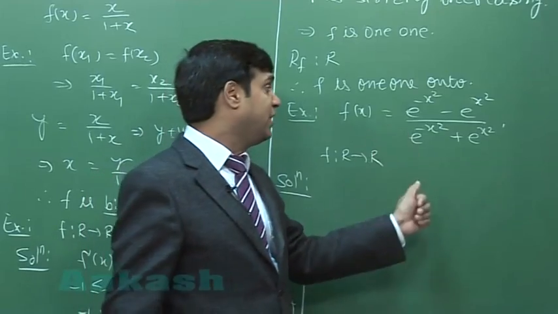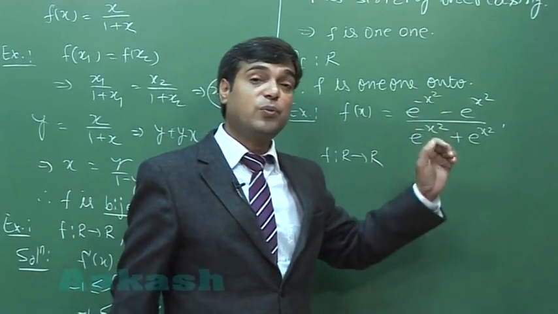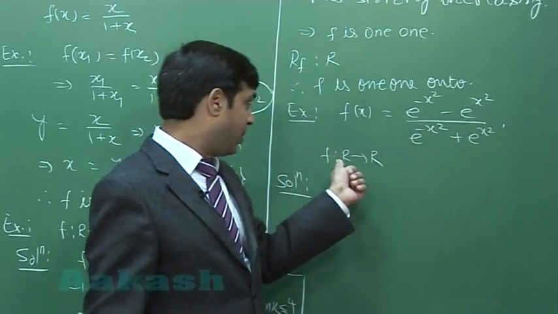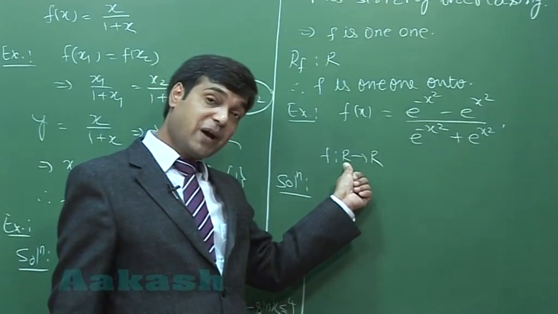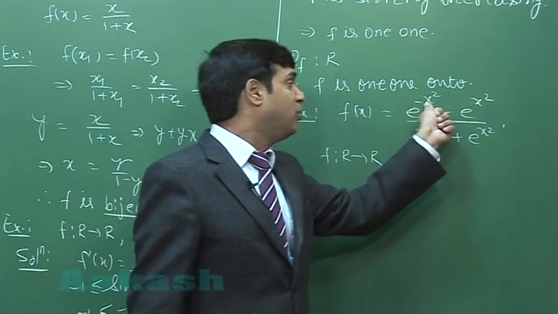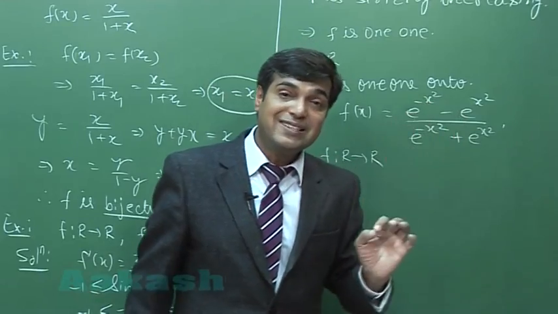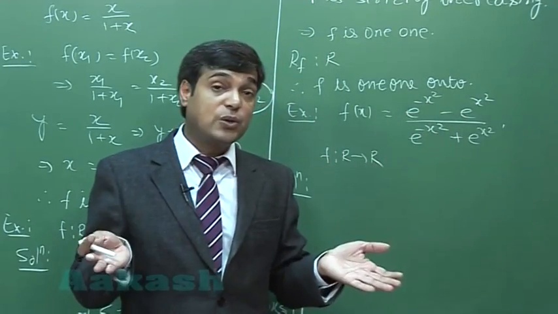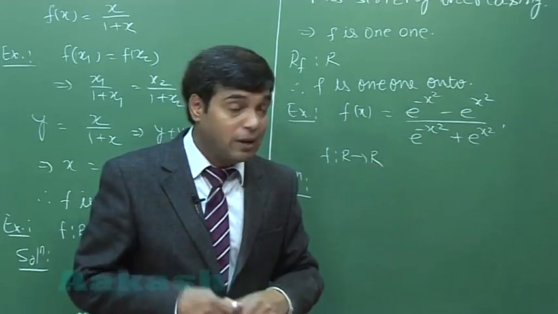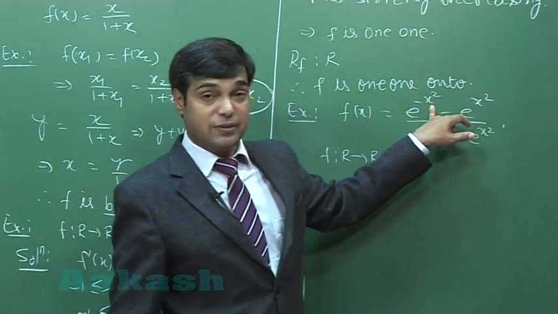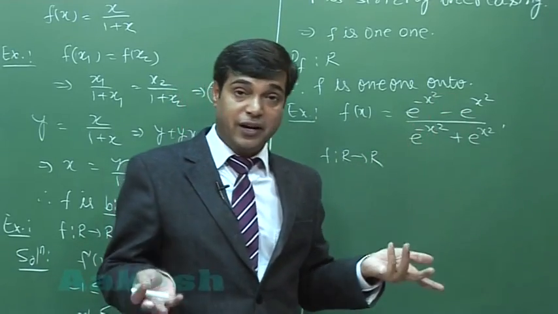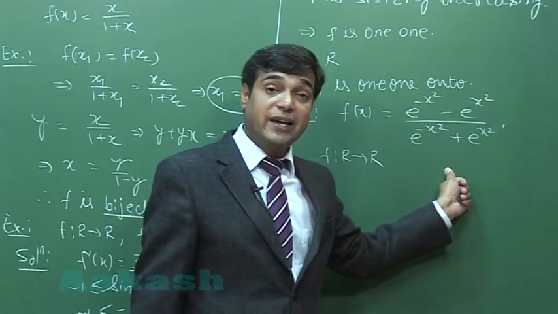So whether you put a or minus a, because R has plus as well as minus values, you can see the function is going to assume the same value. When you put 1 or minus 1, x square makes it 1, so you are getting the same value.